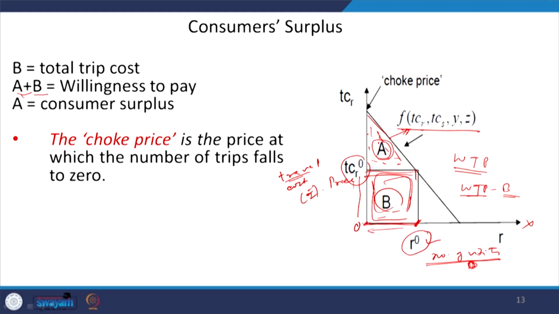So, if the price per visit is this much, right, at this price TCR, your number of visits would be reduced to 0, and that is why this TCR price is known as the choke price, where the visitors would not be interested to visit at all, because the travel costs or the total expenditure is too high.